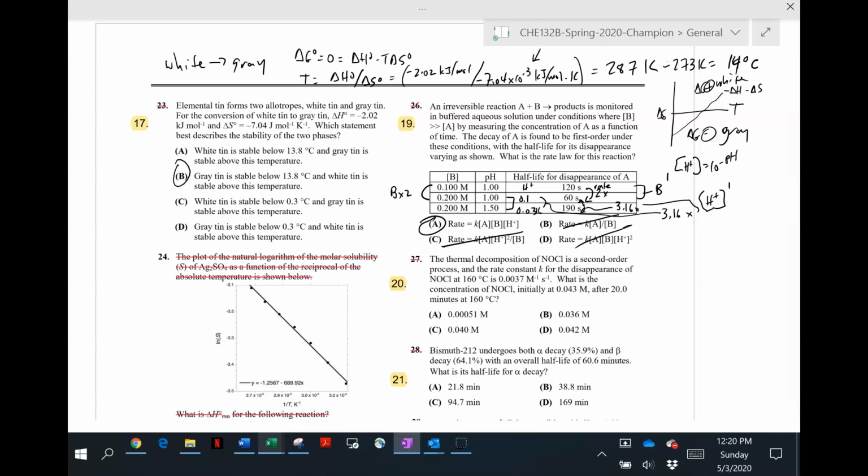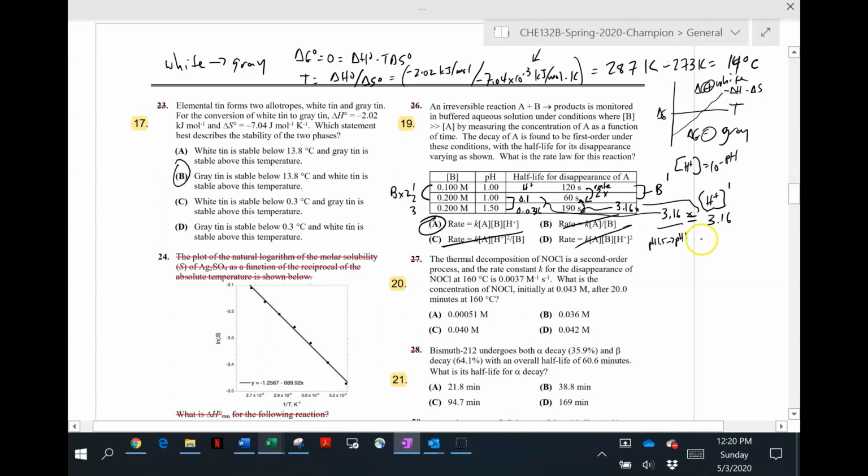And then if we look at the effect of the pH change, we look at that by calculating the hydrogen ion concentration, and we see that if I number these 1, 2, 3, going from 3 to 2, we went up by a factor of 3.16, going from pH of 1.5 to pH of 1. That's a factor of 3.16. And then our rate went up by a factor of 3.16.